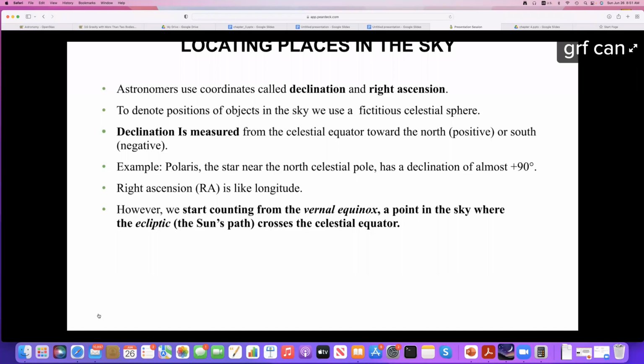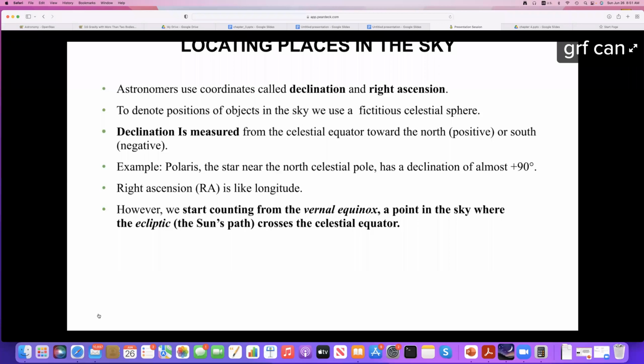Now, the declination is measured from the celestial equator towards the north or south. If you measure the declination towards the north, that will be a positive number. If you measure it towards the south, that will be a negative number.